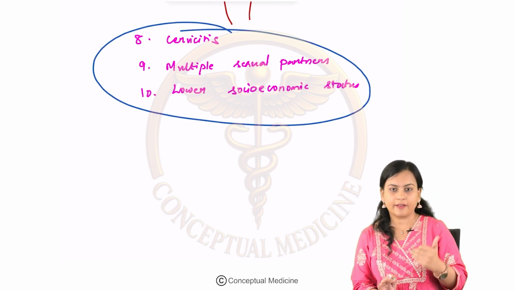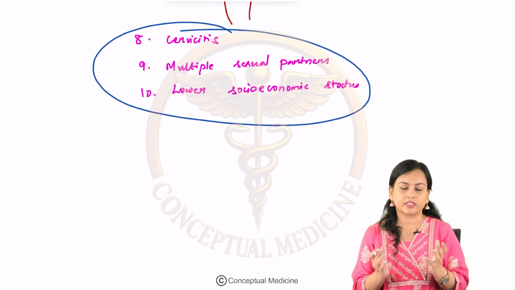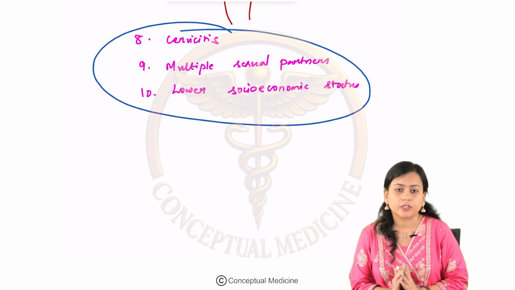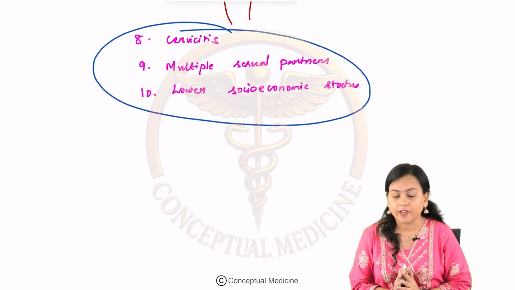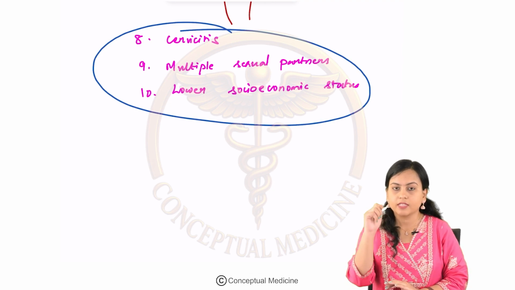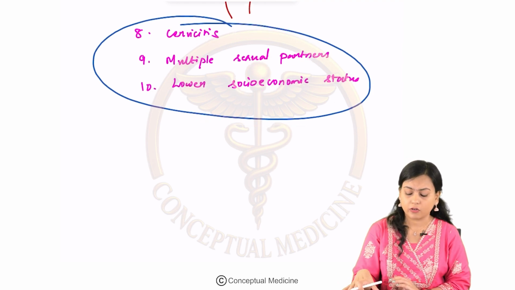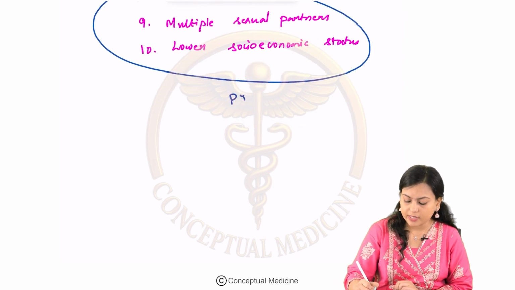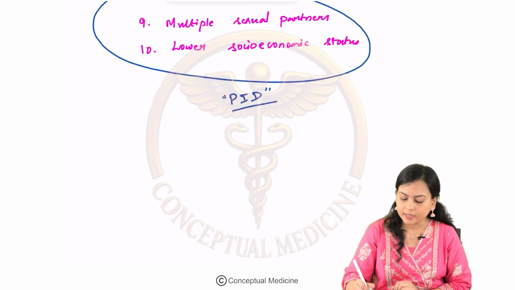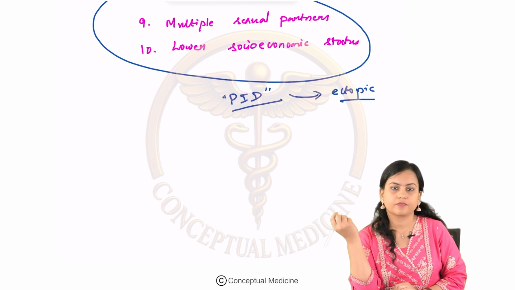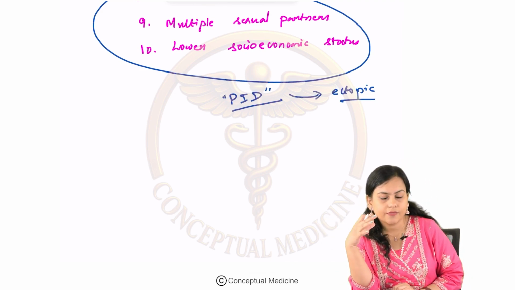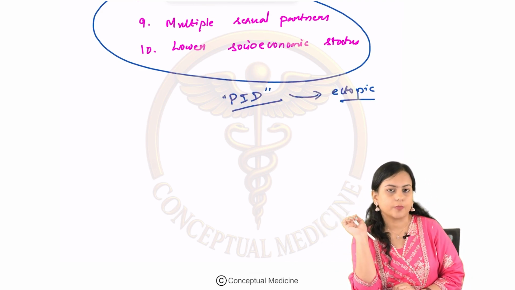So far, I have explained everything: there is an effect on the motility of the tubes, or there is going to be an injury to the tubes. Now, in what way is this going to cause ectopic pregnancy? Remember, all these are common causes for pelvic inflammatory disease, that is PID. So indirectly, PID can lead to ectopic pregnancy. So indirectly these factors can also lead to ectopic pregnancy.